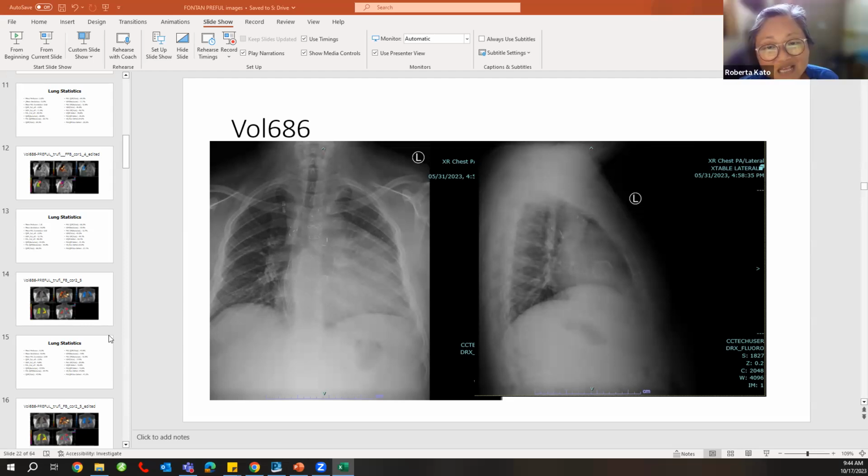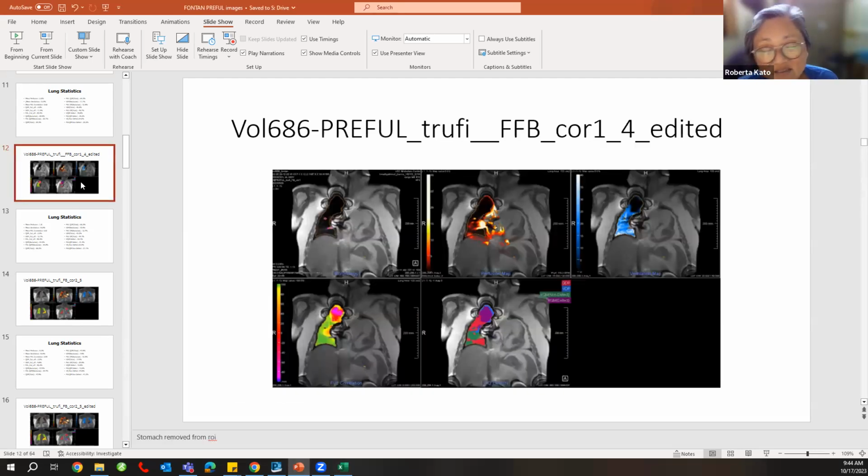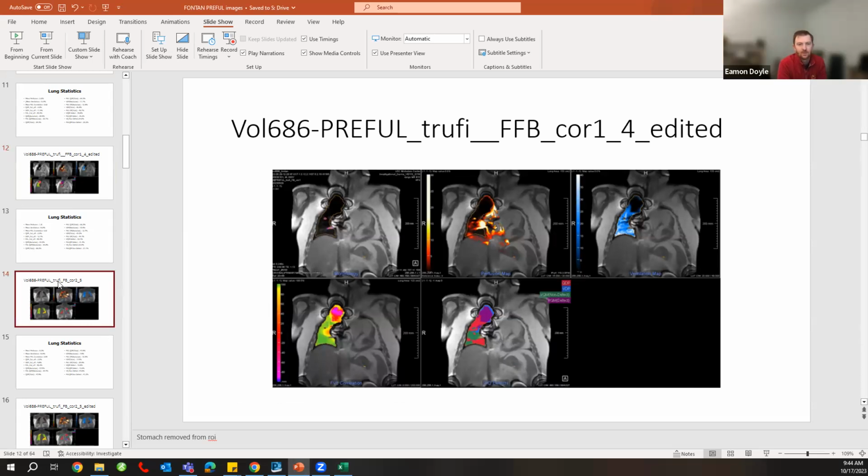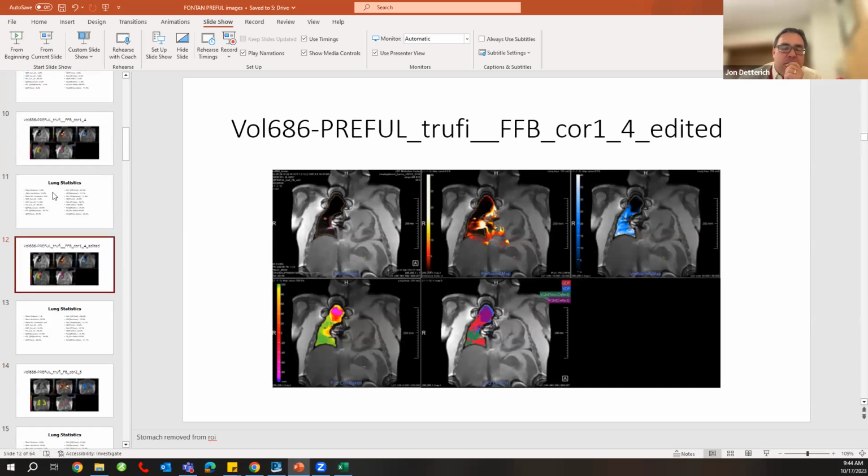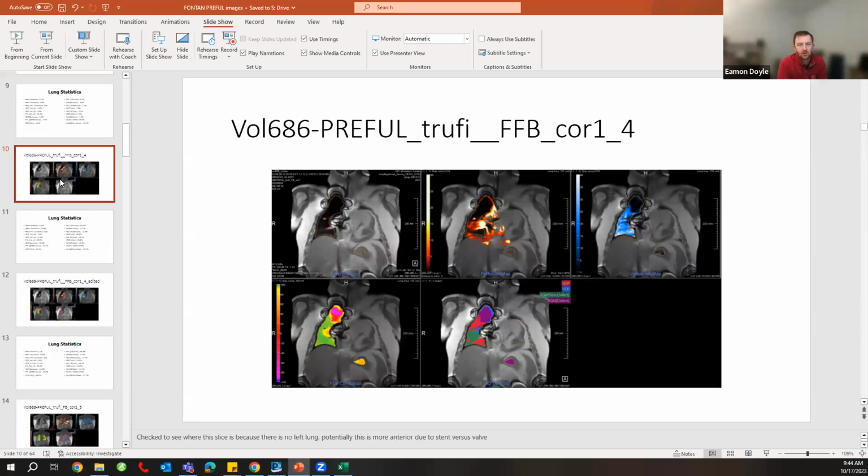So looking at that kind of cloverleaf artifact, could we just estimate that whatever is above should be below too? I wouldn't use any of that data. Yeah. Not even try it. Don't even try it. I think for a patient like this, we'd probably want to try to get the gradient echo instead.